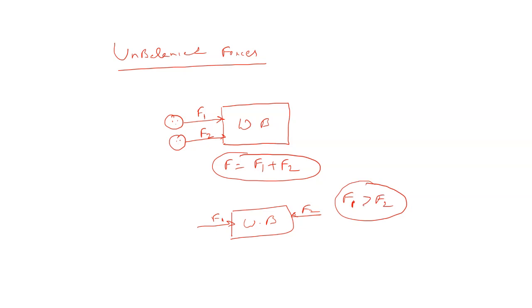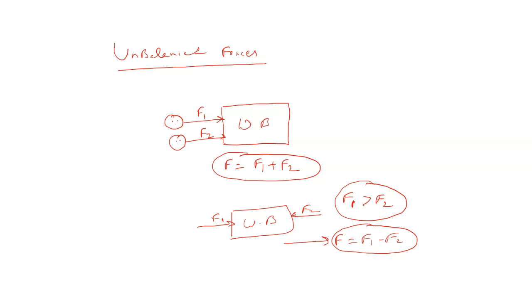Yes, you are right. It will move along this direction with the resultant force F1 minus F2, because due to these forces the block is moving. So these are the unbalanced forces.